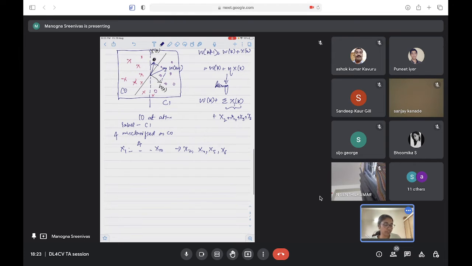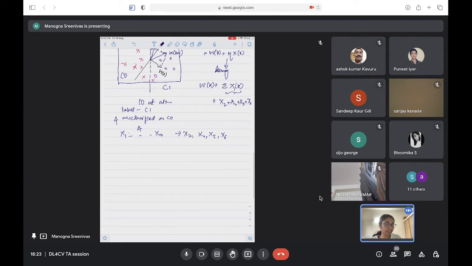So here there is a very big assumption. We are assuming the data is linearly separable, but in general data won't be linearly separable, and there's no guarantee that it will converge. That convergence proof applies only when it's linearly separable.